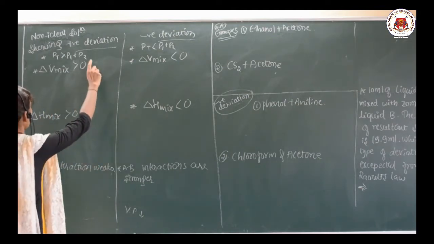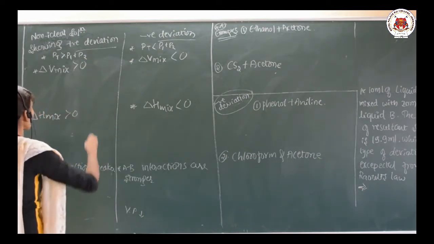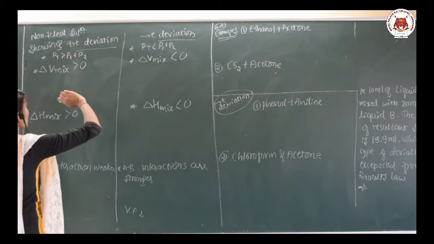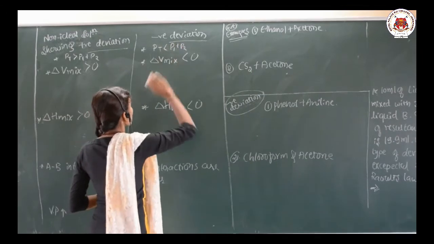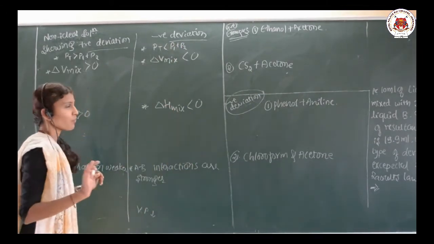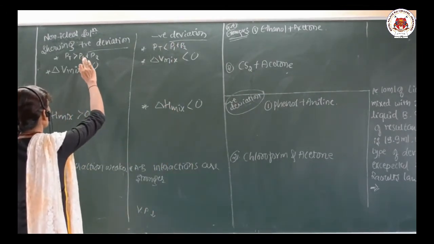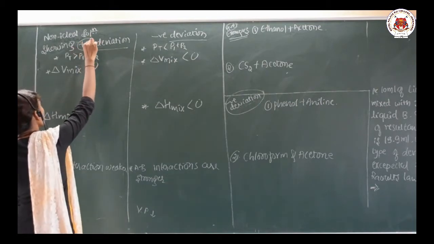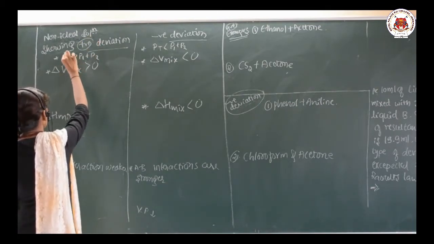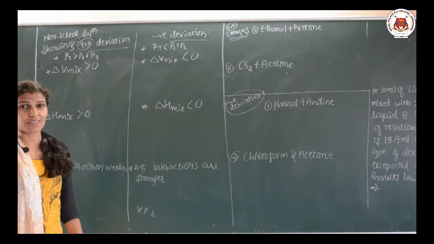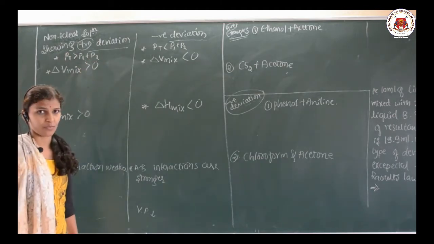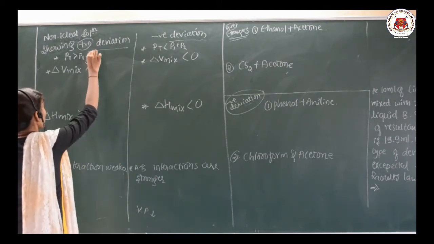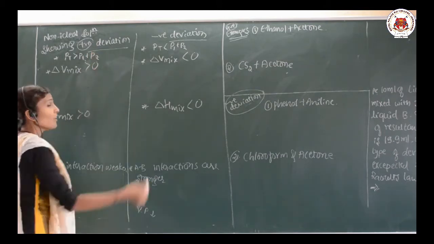So, let me tell you, in case of a non-ideal solution showing positive deviation, the P total, that is the total pressure, is greater than the sum of the partial pressures of component 1 and 2.